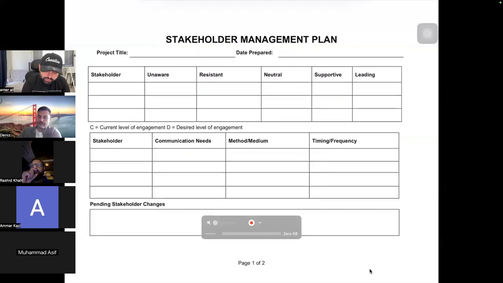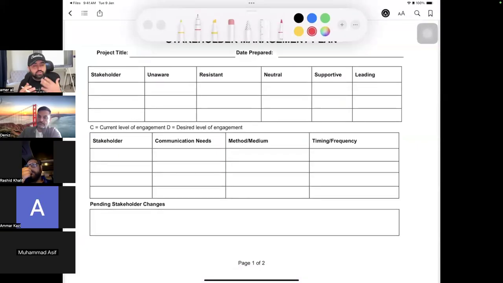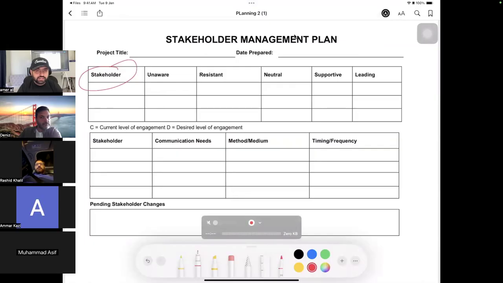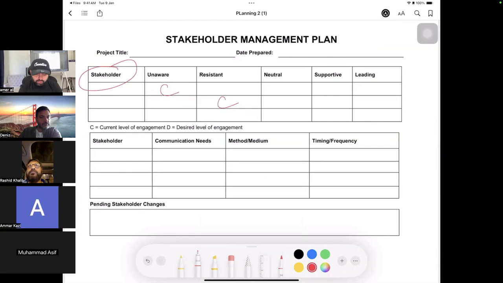Once you have made the stakeholder register, which has who the stakeholder is and what their purpose is, we go and make the stakeholder engagement plan. It will talk about who the stakeholder is and what his current engagement level is. Is he unaware of you? Is he resistant to you? Or is he neutral about you? And then what do you desire, meaning what does the project desire?